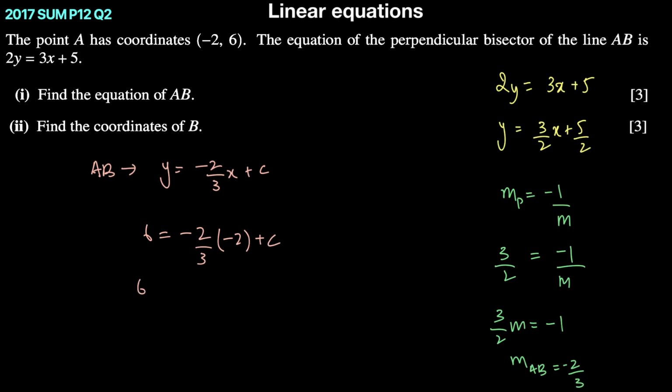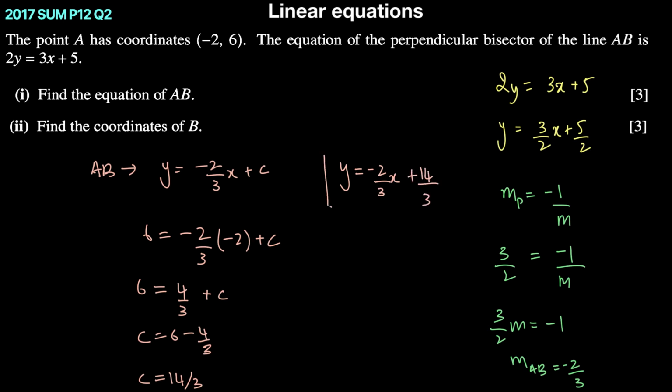That means 6 = 4/3 + c, and c = 6 - 4/3, which is 18/3 - 4/3, so c = 14/3. So the linear equation is y = -2/3 x + 14/3. That is the equation of the line AB.